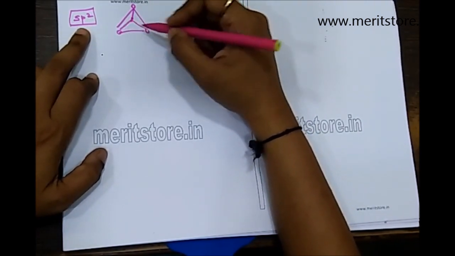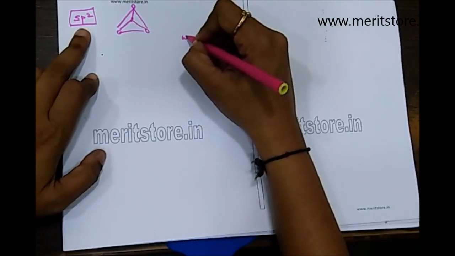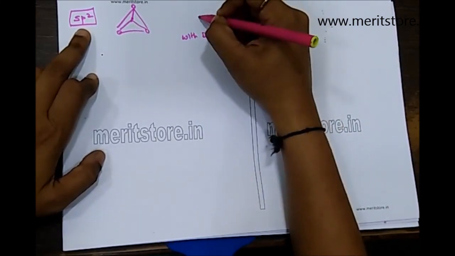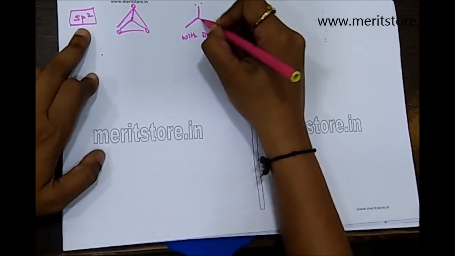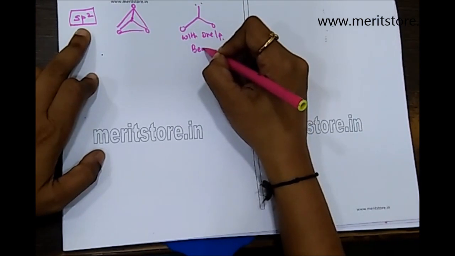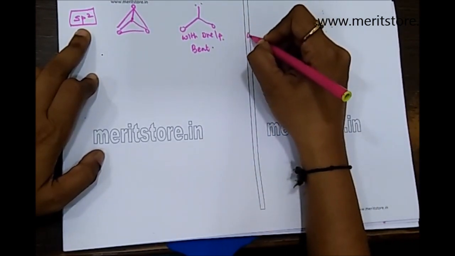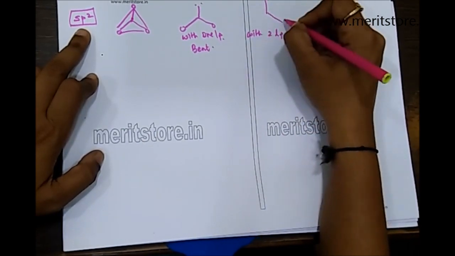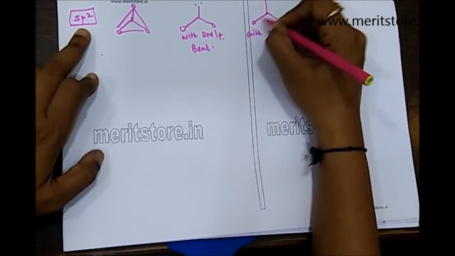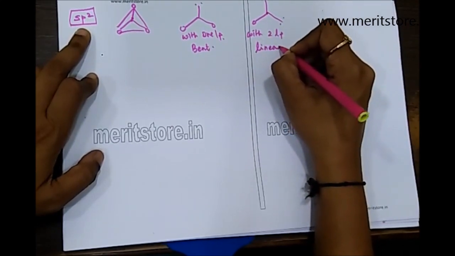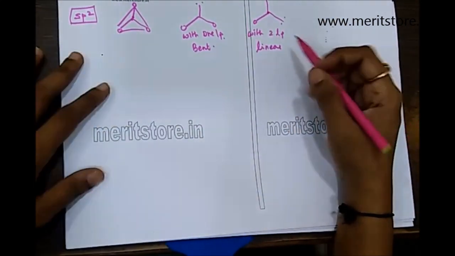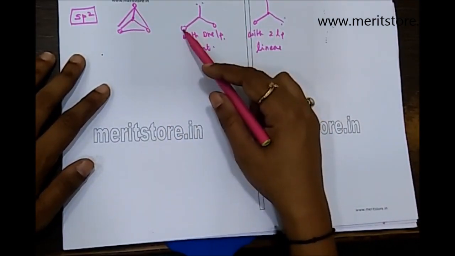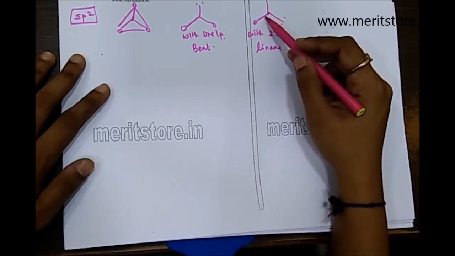But if there is sp2 hybridization with one lone pair, then there is a lone pair at this point, which will give the bent shape geometry. But if there are two lone pairs, the molecular geometry will be just linear. So the presence of the lone pair causes the distortion in the molecule. Previously the molecule was trigonal planar, which changes to bent shape, and now it is linear.